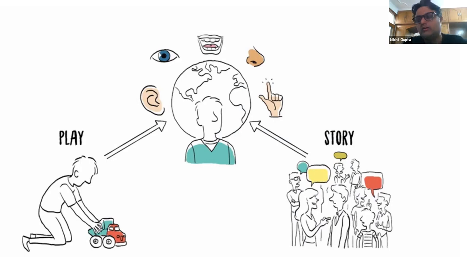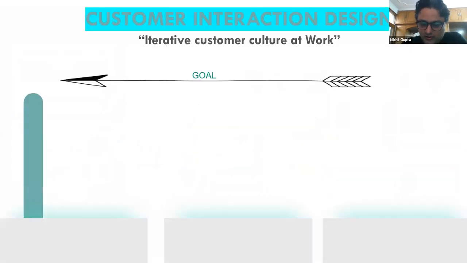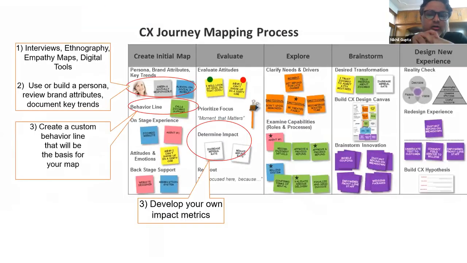Culture might eat strategy for breakfast, but we realize that interaction nibbles the organization inch by inch without us even realizing. Ultimately, it is a play space, and our job is to design the play so that no matter how the user interacts with the system, it is resilient, balanced, and they can tell a good positive story about it, the ripple effect which we talked about, right? So now there's a persona.